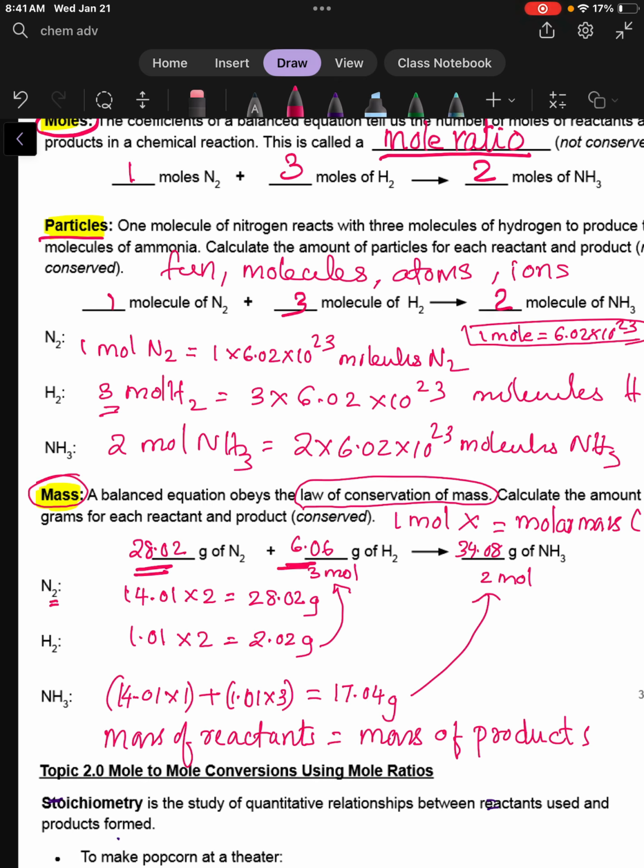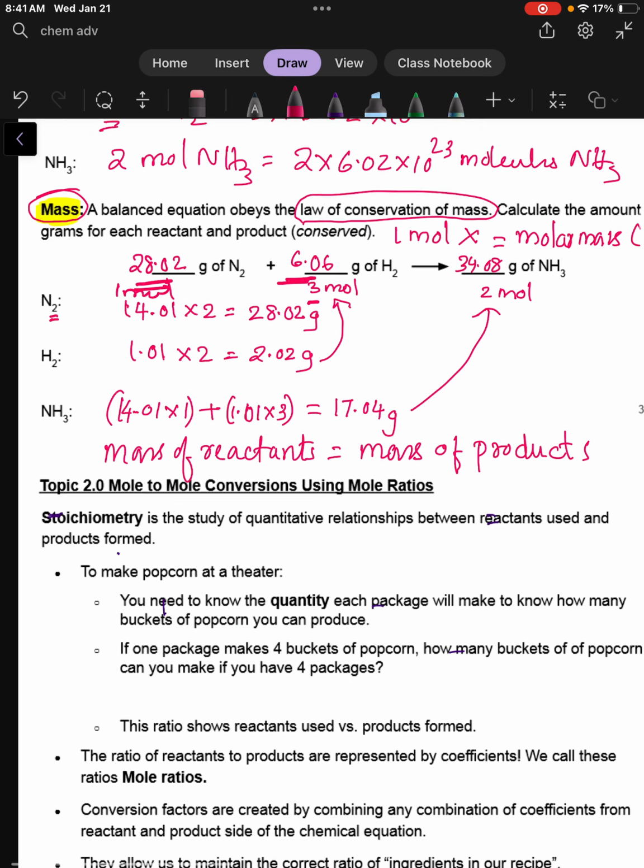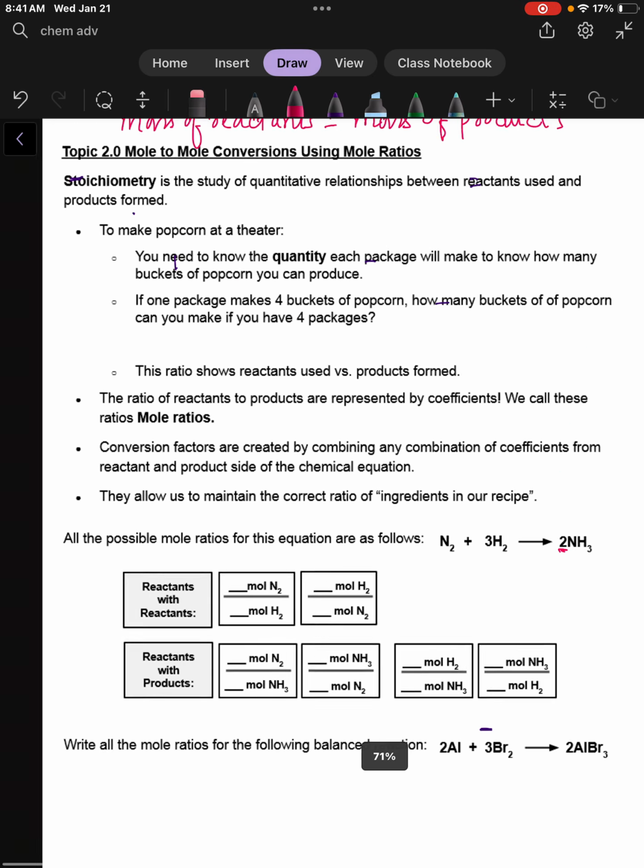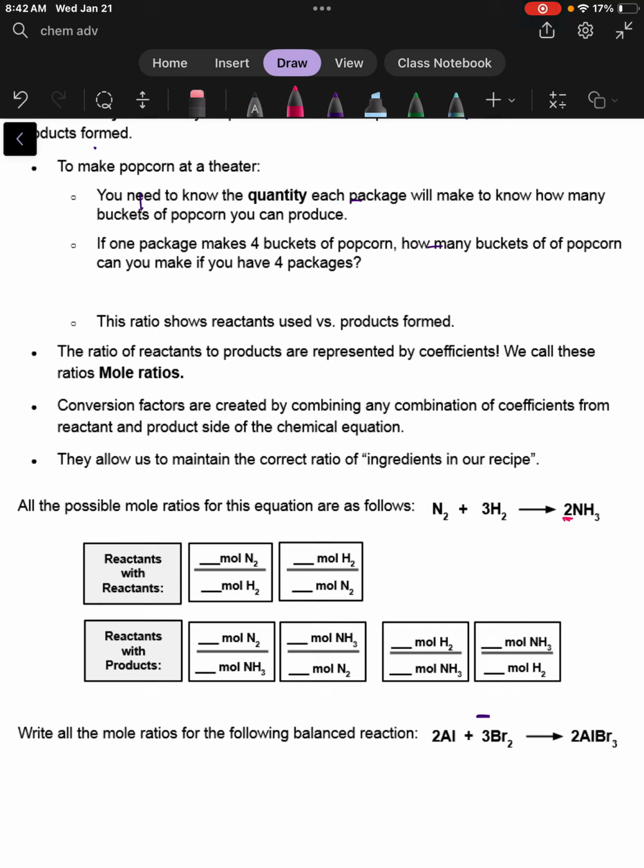You will get what? 34.08. That's why we use these numbers in the balanced chemical equation. Only in a balanced chemical equation will the law of conservation of mass be true. The mass of reactants will be equal to the mass of products.